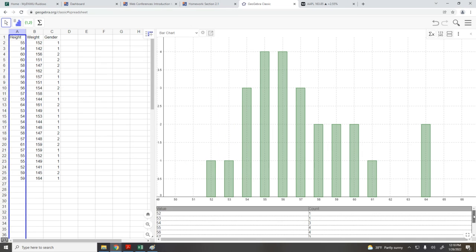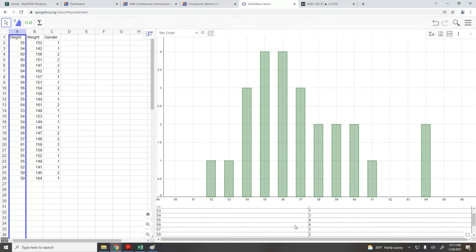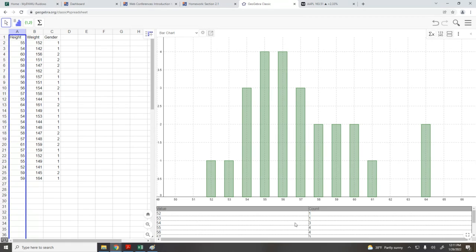That looks fine. 52, 1%, 53, 1%, 54, 3%, 55, 4%, and so on. Everything is shown in that way. So this is the data which is used to plot this bar graph. So that's it.